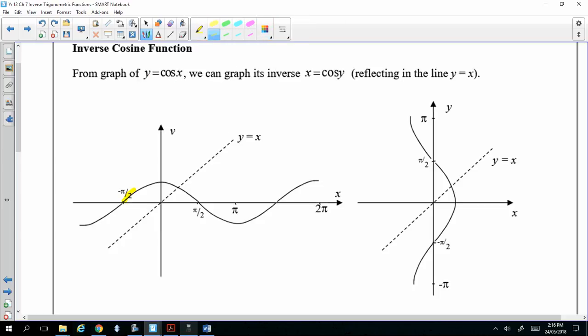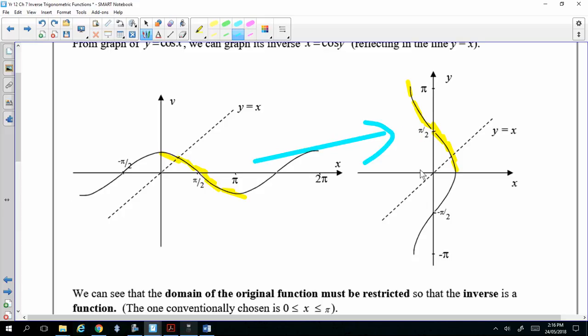So what we do is we restrict to this part, which means you get this part here, like this. So we restrict between 0 and pi.